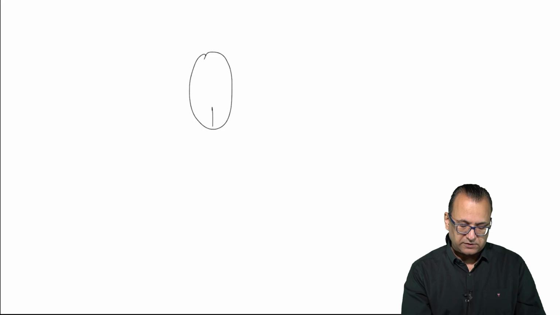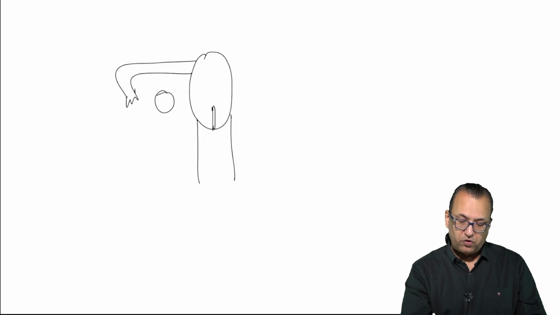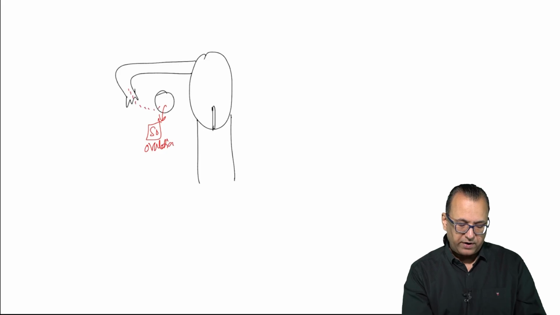So, we have to talk about that, and let us draw this diagram ourselves. When you are drawing this diagram, you can tell this is the uterus, this is the cervix, this is the vagina, this is the uterine tube, that is the ovary. Ovary gives us the secondary oocyte. Secondary oocyte undergoes ovulation. Then it will move into the ampulla of the fallopian tube.